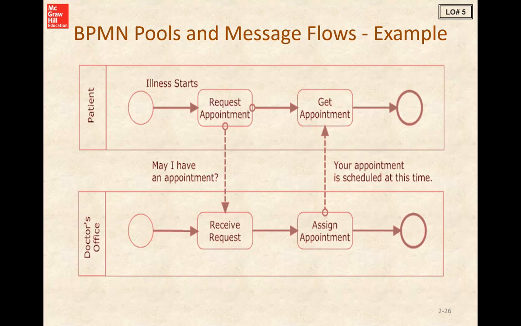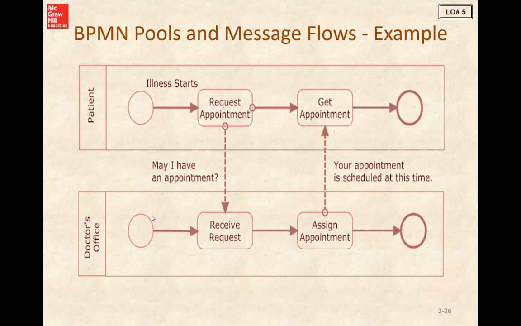Here we have an example of somebody who has fallen ill. So we've got two different swim lanes here. We've got the patient and the doctor's office. For the patient, it starts when they are feeling ill. So they're going to do an action here, which is request an appointment. But to do that, they have a message flow down to the doctor's office, which is, may I have an appointment?